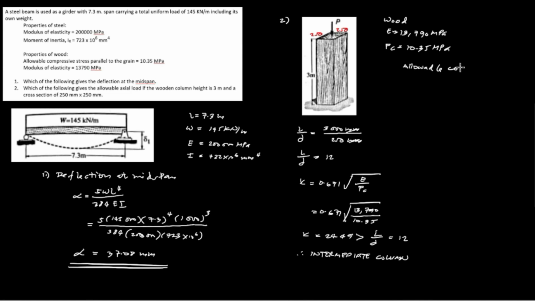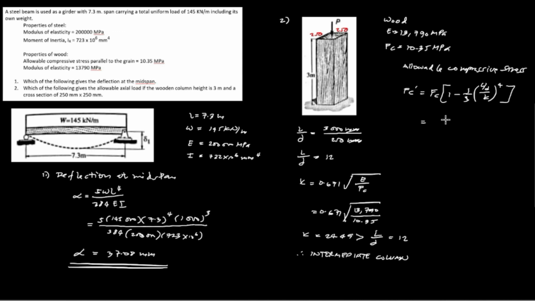allowable compressive stress. And the formula for intermediate column, F C prime is equal to F sub C, open parenthesis, 1 minus 1/3 times the ratio of L over D over K, open close parenthesis exponent 4 and close parenthesis.